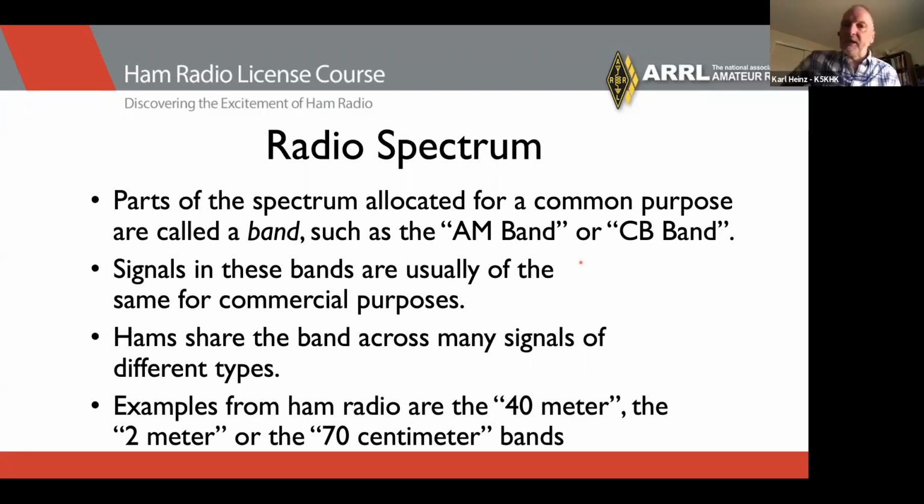We can look up what their frequencies are, and they are named for what type of use you will find in those bands, in those frequency areas. Like the AM band is the AM broadcast band. You find AM broadcast stations in there.